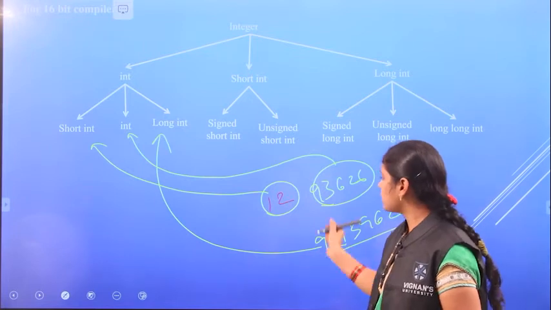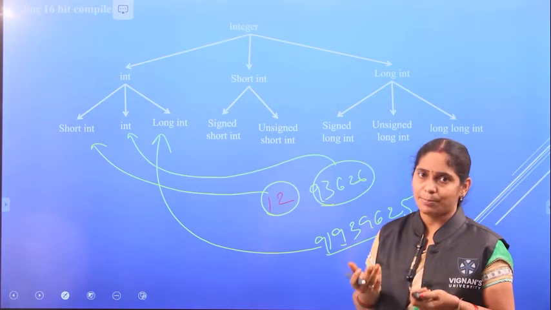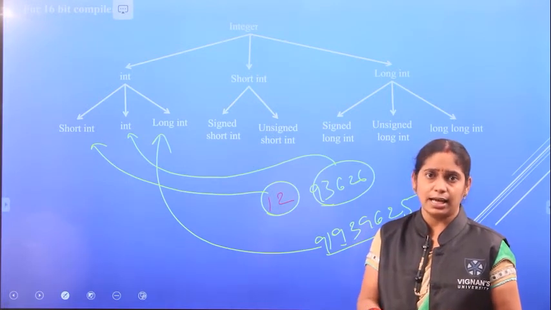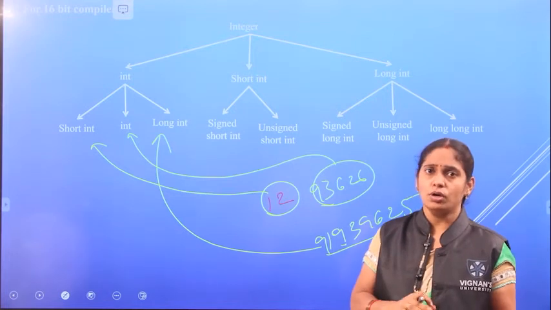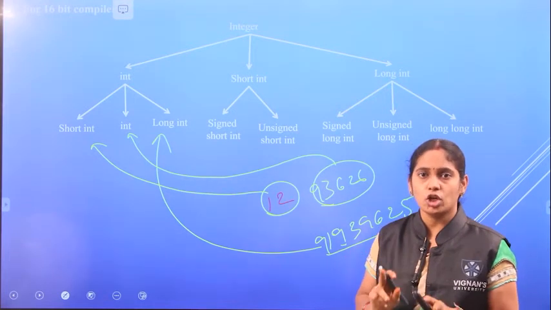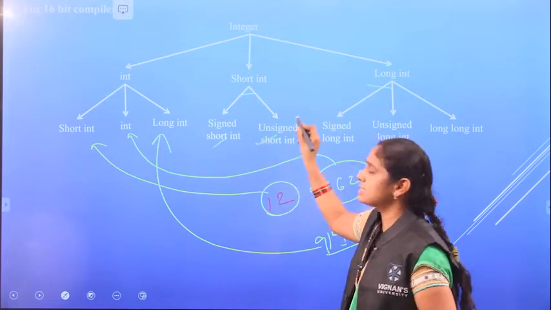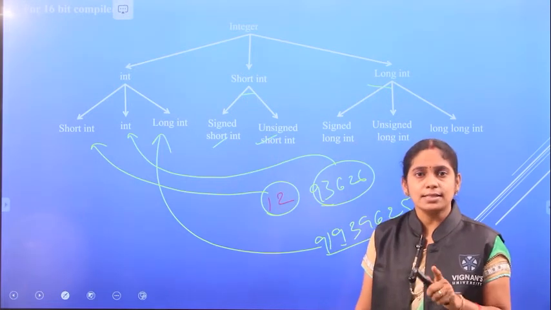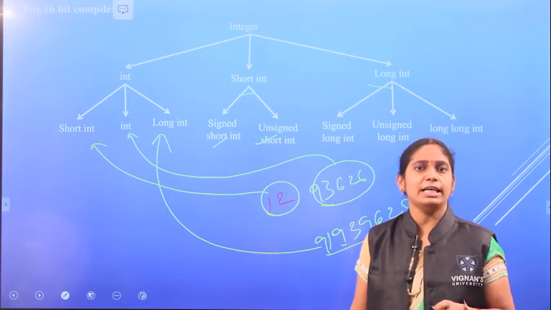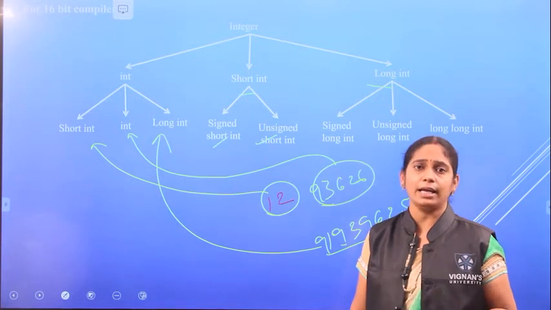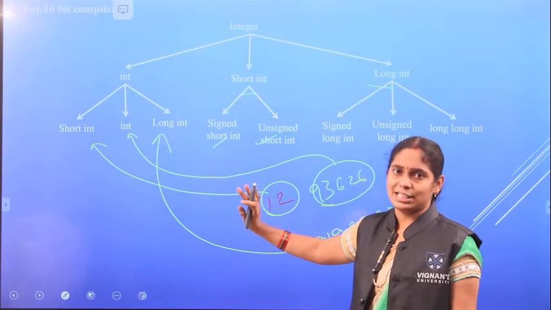In these three cases, either we can represent all the numbers as positive numbers as we discussed earlier, or we can represent positive as well as negative numbers. Based on that, each one is divided into two categories: signed and unsigned. Unsigned means there is no sign. Whenever there is no need of representing any negative numbers, we can take unsigned, because all are positive only.